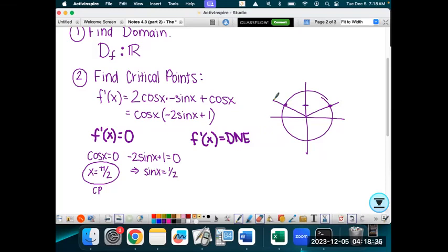Okay, so it looks like it's at pi over 6, or 30 degrees, and 5 pi over 6. The only reason I know that one's 5 pi over 6 is because I'm going backwards pi over 6 from pi. So those are going to be the two angles. Those are both in my interval and they're both in my domain, so those are both critical points.